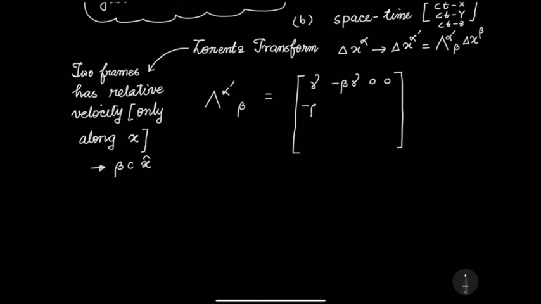You should try and see that this indeed gives the Lorentz transformation that you have all studied earlier. And the other thing I would like you to do is to figure out what should be the lambda alpha prime beta if I have arbitrary velocities along x, y, and z direction. What will that be?